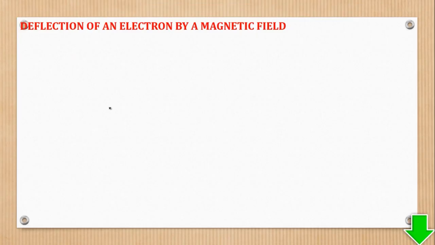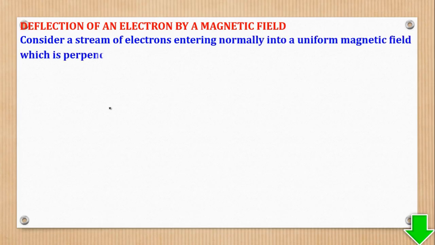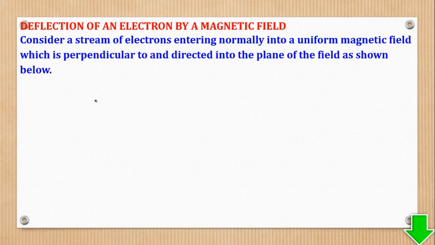What about deflection of an electron in a magnetic field, or behavior of an electron in a magnetic field? So here we shall say that consider a stream of electrons entering normally, which means perpendicular, into a uniform, which means constant, magnetic field, which is perpendicular.